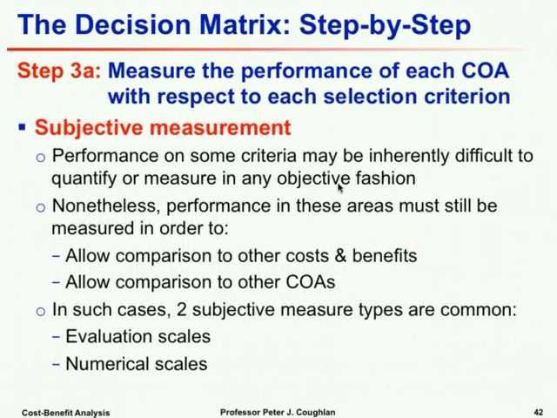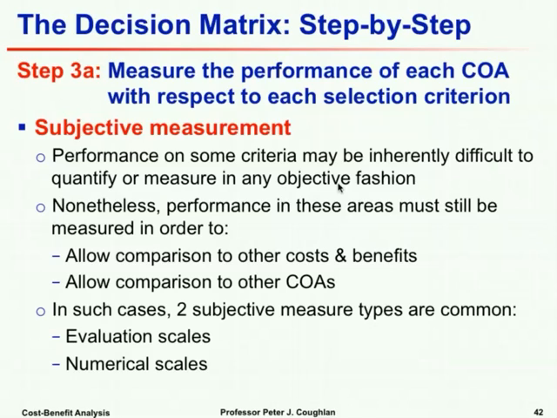Sometimes, adding to your difficulty, there's not a natural quantifiable measurement, an objective measurement of performance for each course of action. Therefore, you still have to measure them in some way.